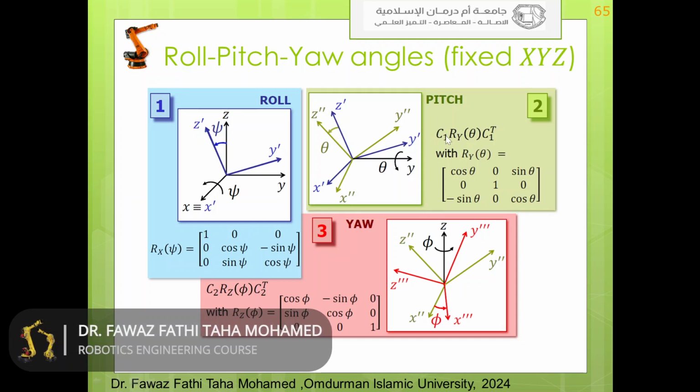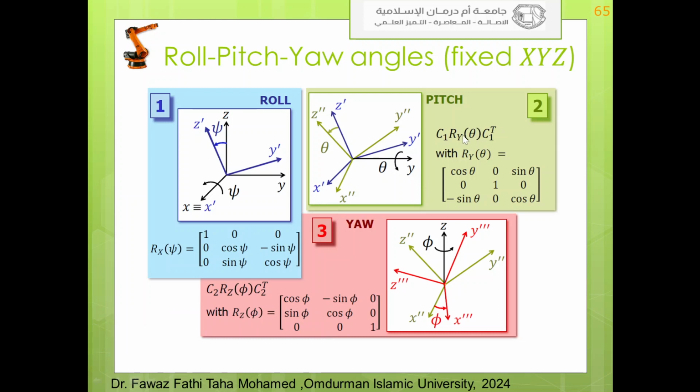Here we have C1. We will see, just in order to prove the concept of pre-multiplication, that we will use the principle of post-multiplication.